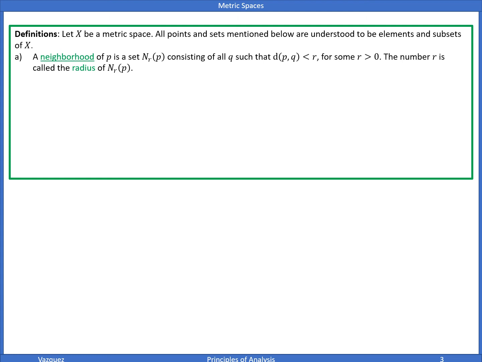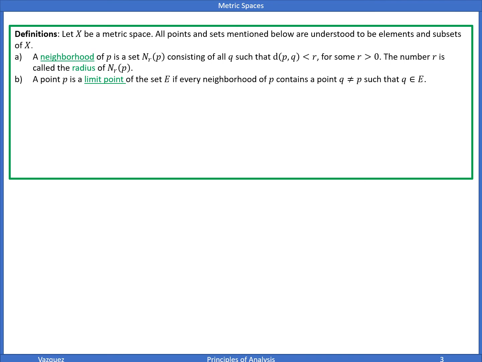So a neighborhood is basically exactly what it sounds like, kind of like an open ball again. If this is our point P, a neighborhood of P would be this, but then we could also have this neighborhood of P, or this neighborhood of P with a bigger radius, and so on and so forth. In analysis on the real line, a neighborhood would be an open interval in this case, because we have the strict inequality.